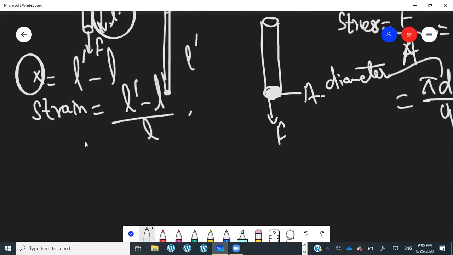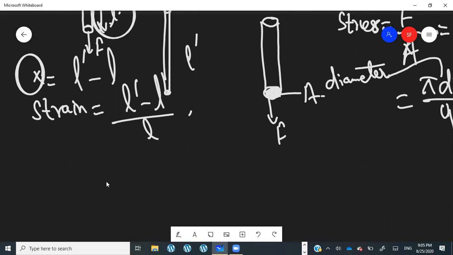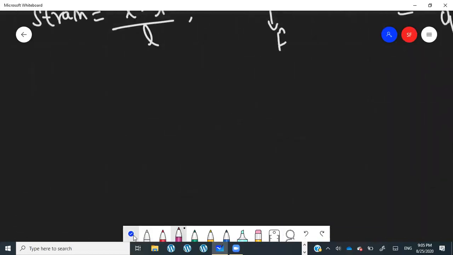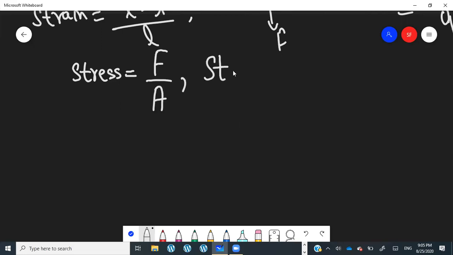And to calculate the Young's modulus, you can just use these two formulas, stress over strain. Now let's go into a bit more detailed formula of the Young's modulus. I just told you that the formula for stress is force upon cross-sectional area, whereas the formula for strain is extension upon the original length. Clear?